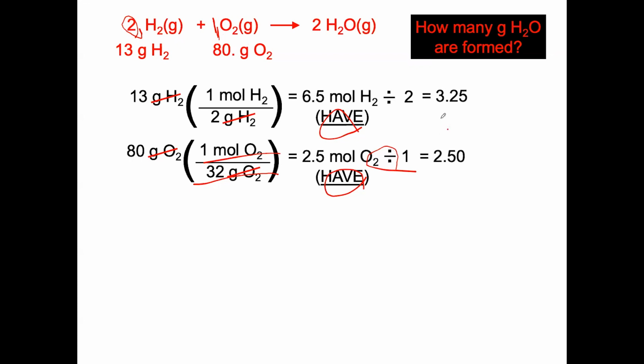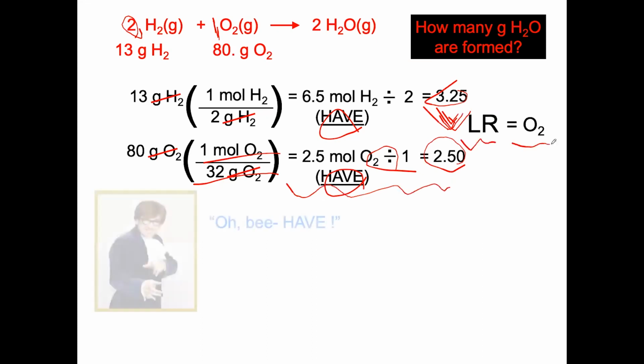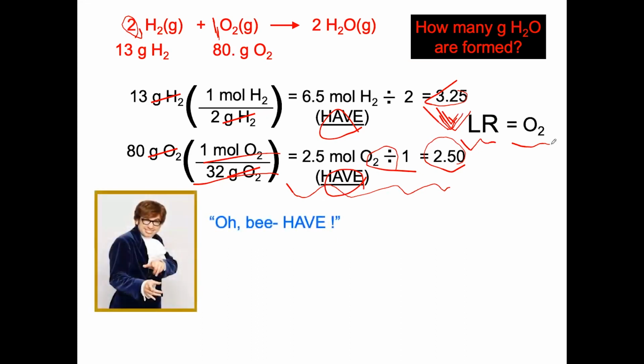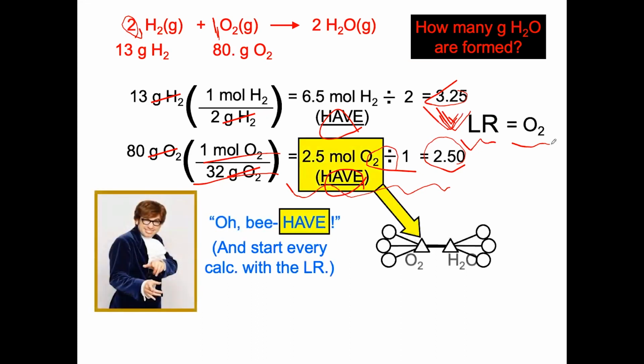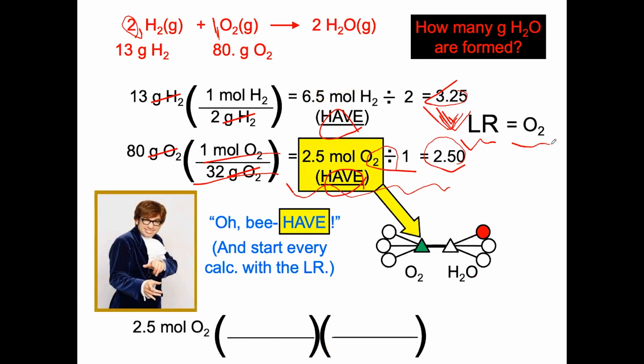Which one is greater? This is greater, right? What does that mean? There's more hydrogen here than oxygen, which means oxygen is the limiting reactant here. Is that clear? Oxygen is the limiting reactant.